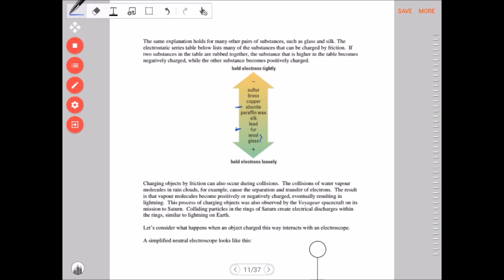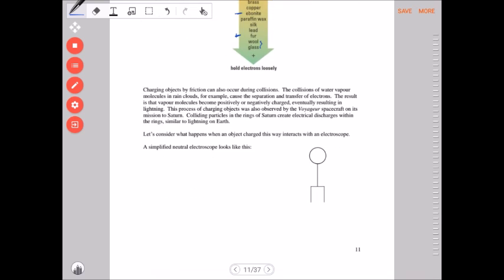That's crazy. So let's consider what happens when an object charged this way interacts with an electroscope. A simplified neutral electroscope looks like this. Just for simplicity, remember there's billions of protons and billions of electrons on this.